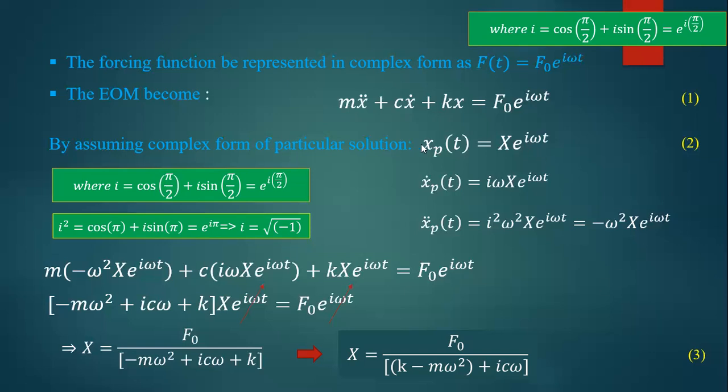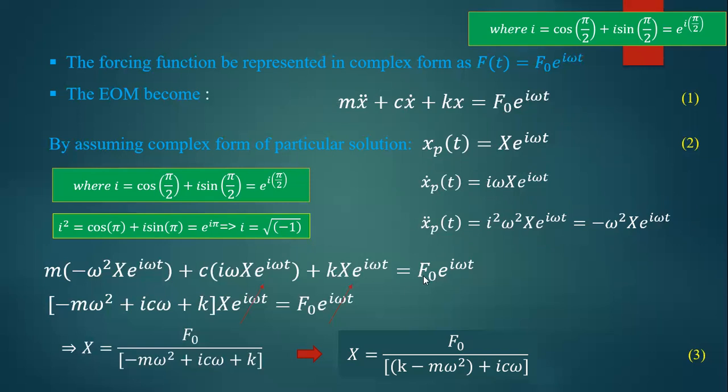Now we have these three equations, 1, 2, and 3. Substituting these into the governing second order differential equation, instead of x double dot we substitute this value, instead of x dot we substitute this, and instead of x this will be substituted.